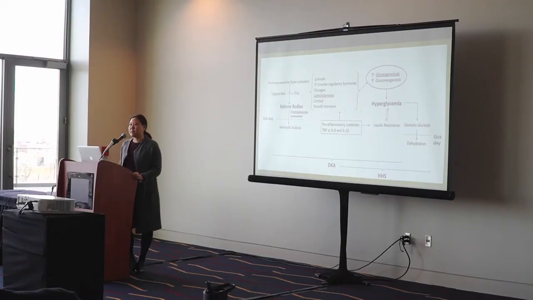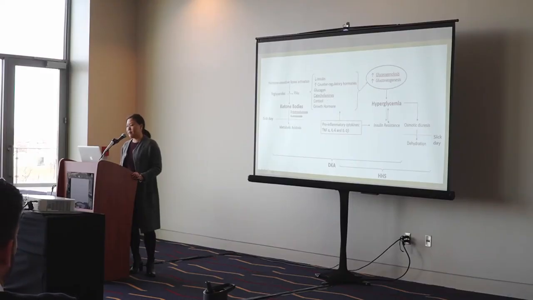In a patient with type 1 diabetes, or a type 2 who is on insulin and becomes sick, what happens is that you have these cytokines develop that increase your counter-regulatory hormones to insulin. You then develop peripheral insulin resistance, and all of these things lead to hyperglycemia. So that is one arm of developing DKA.